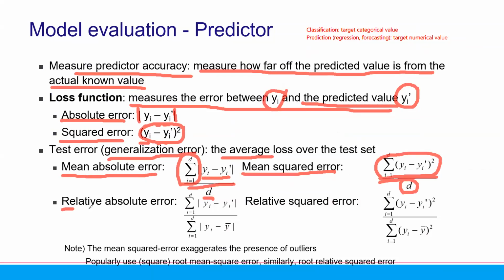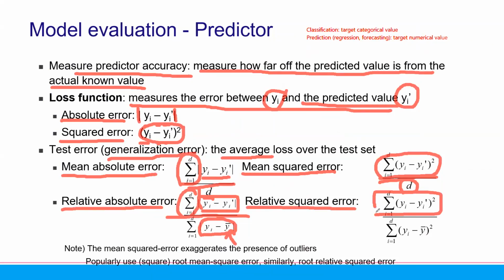If we are dealing with the relative absolute error, it means we divide the absolute error summation by the bias, or the error with regard to the average. Okay, this is the average, not the actual. If we are dealing with the relative square error, it means we do the square and the summation and divide it by the bias with regard to the average.